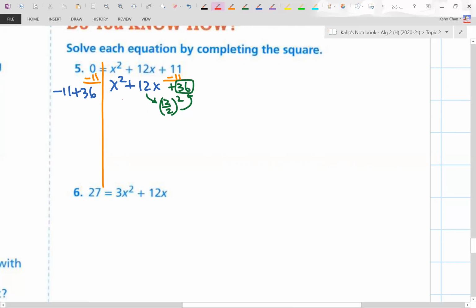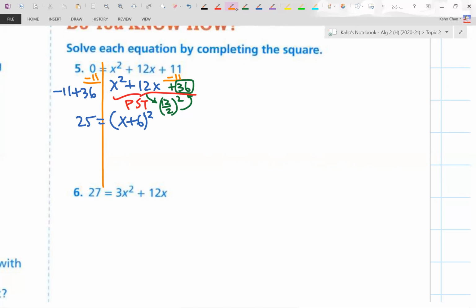This creates a perfect square trinomial. That's factorable. X plus 6 times x plus 6, or simply x plus 6 squared. Negative 11 plus 36 is 25? Oh, nice, yay. Next, let's go ahead and use Enrique's technique, square root both sides.